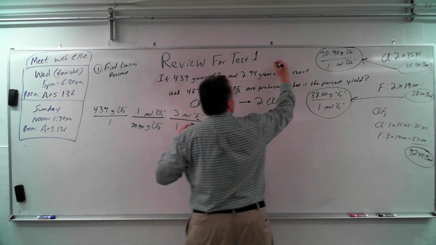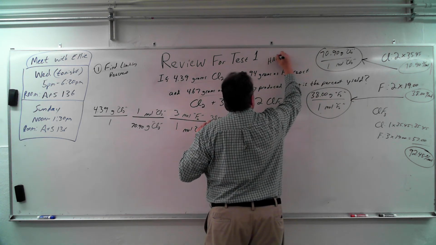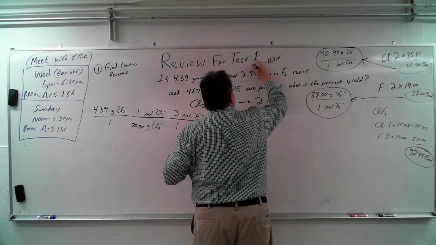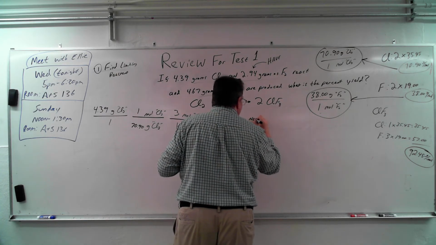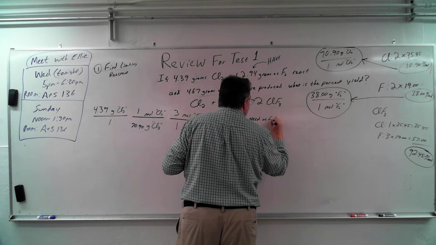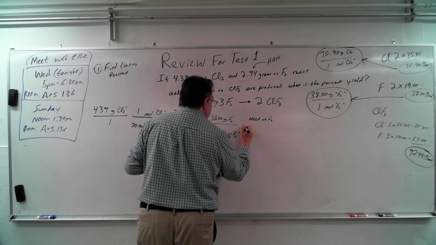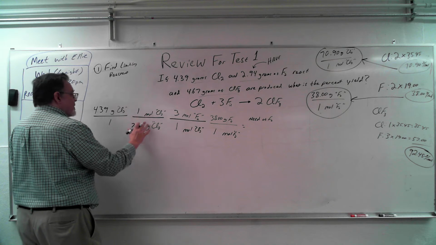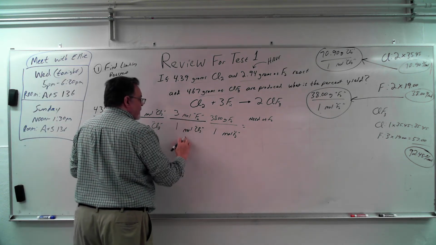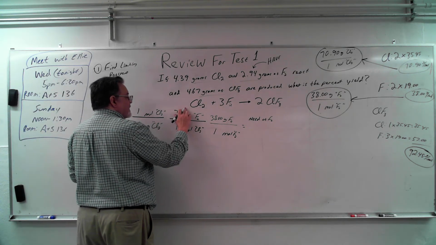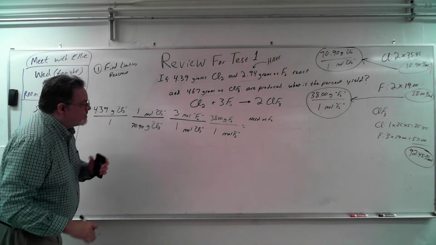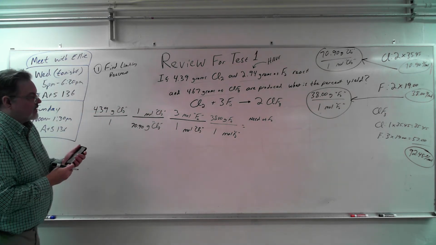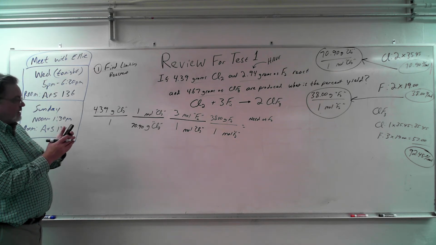It's saying this is what we have of F2 as stated by the problem. This is how much we need. Calculate. And that's it. Grams per mole for the one thing, the molar relationship between the one thing and the other thing, and then the grams per mole of the other thing. That'll give us grams of F2 that we need.